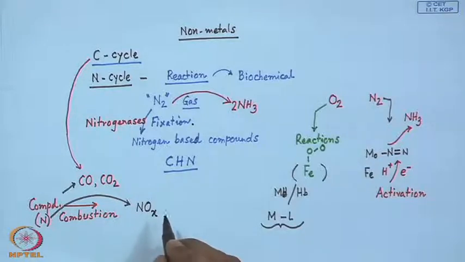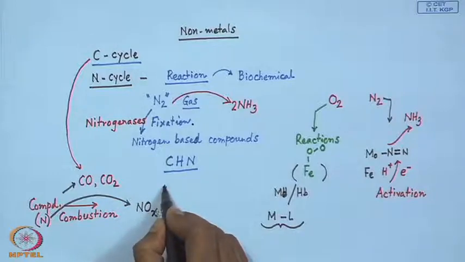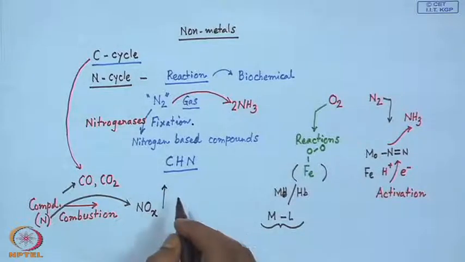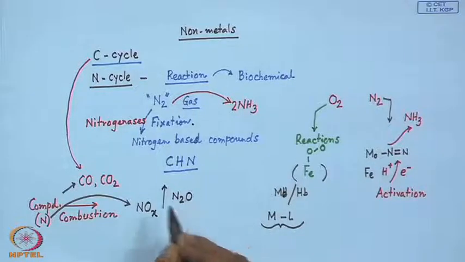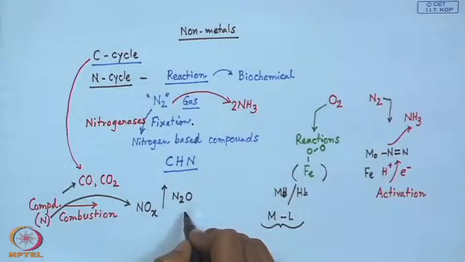These nitrogen based oxides go towards our upper atmosphere, and they can contribute to environmental pollution. And in some cases, if we generate nitrous oxide from the reduction of some other oxides, it is one of the components of the greenhouse gases.